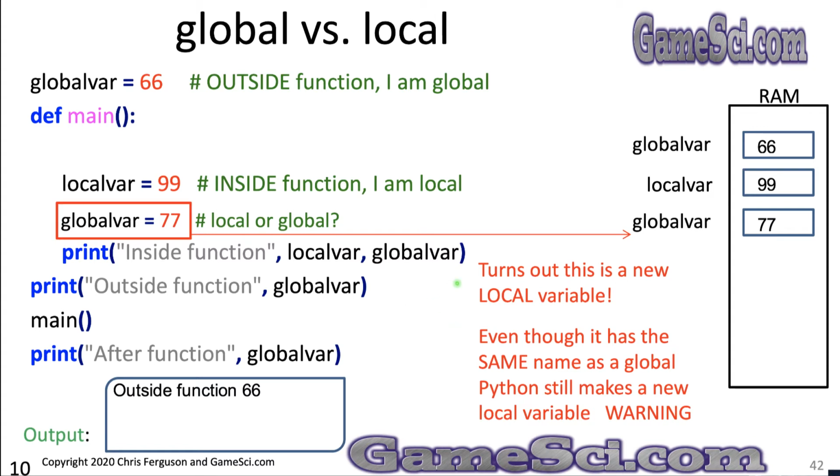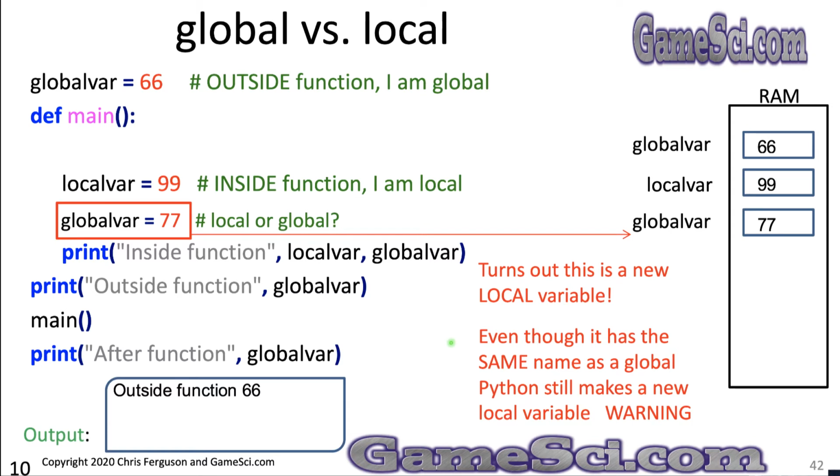What? It turns out that this is a new local variable. Just because it has the same name as this one up here doesn't mean it's the same variable. So when I say global var equals 77, it basically does the same thing it did on the line before, and it says, well, I'll create a brand new local variable. No matter what its name is, it's going to create a local variable, and it's going to store the 77 in the local variable, not in the global variable.